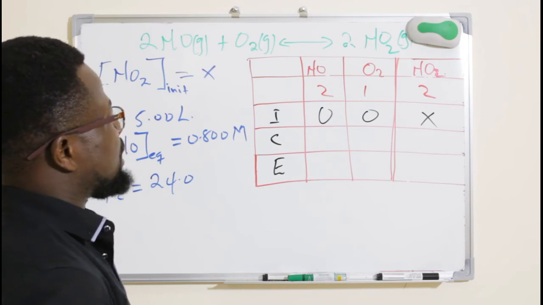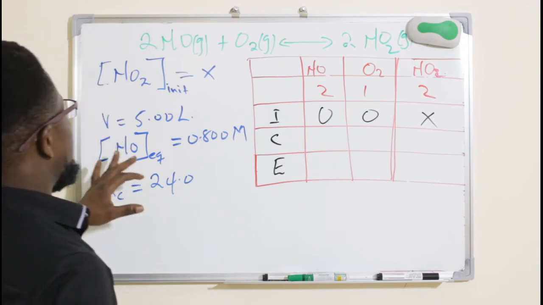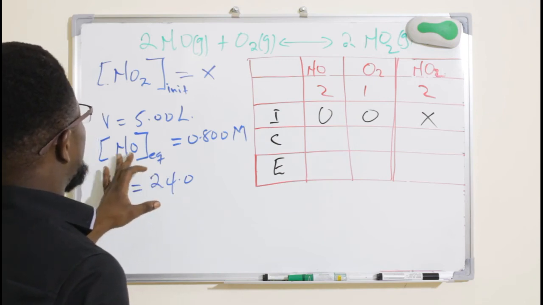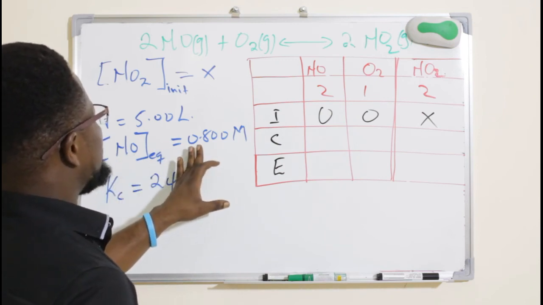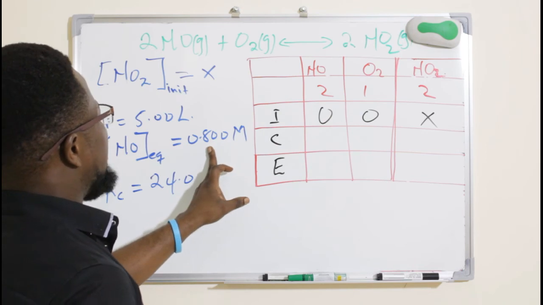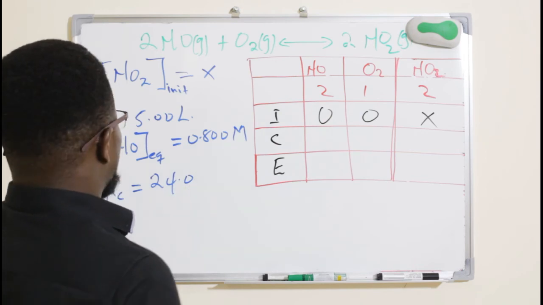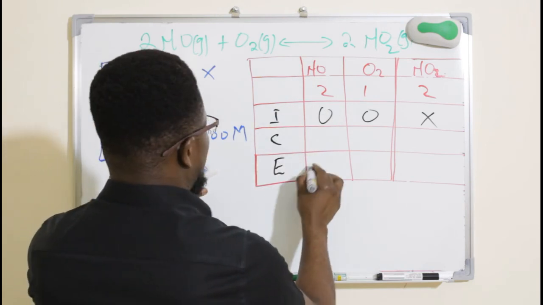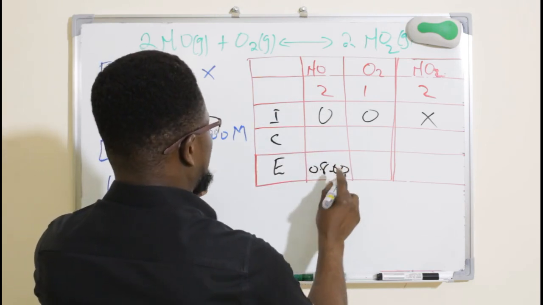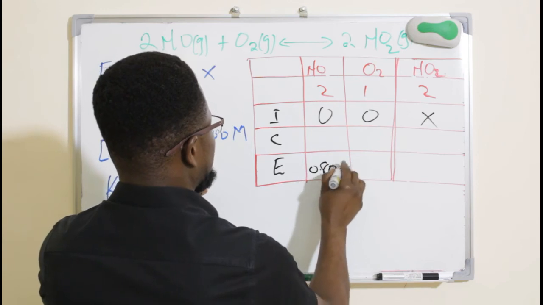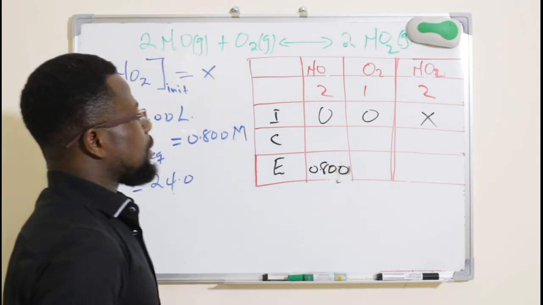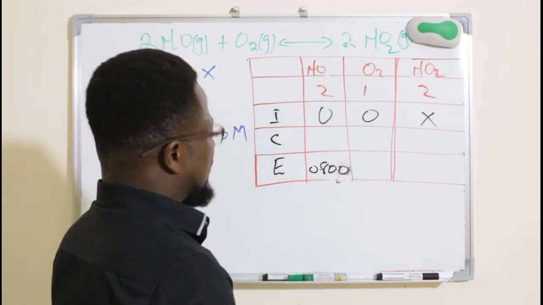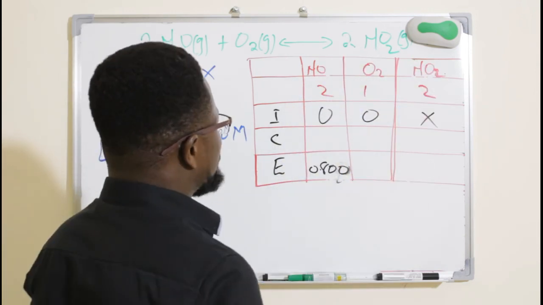Let's check what else we were given. At equilibrium, the NO is given to be 0.800. So NO is here. Remember, these are products, so it is plus. Reactants become minus.